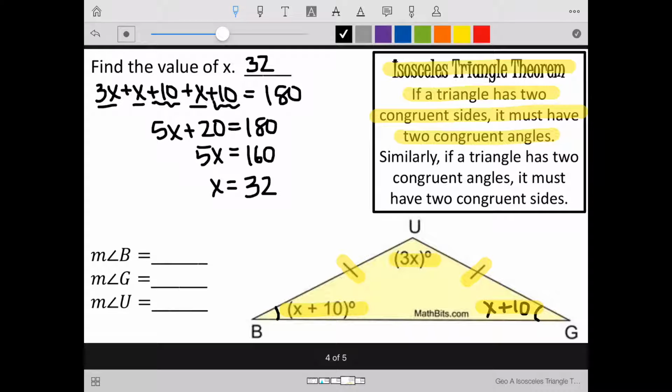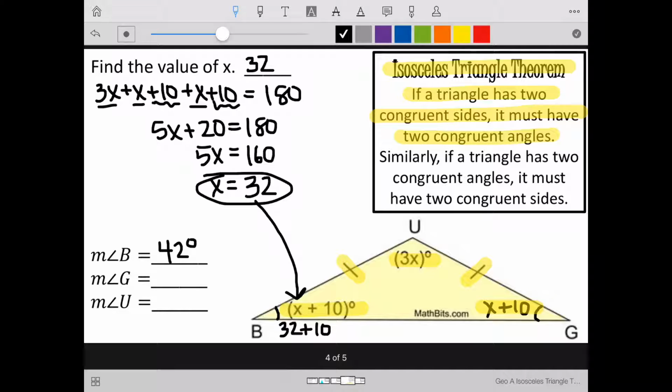To do this, I'm going to take my answer of x equals 32 and substitute it into each of my expressions in the triangle. So to find the measure of angle B, I'm going to take x equals 32 and substitute that in to x plus 10. So 32 plus 10 would make 42 degrees for angle B.